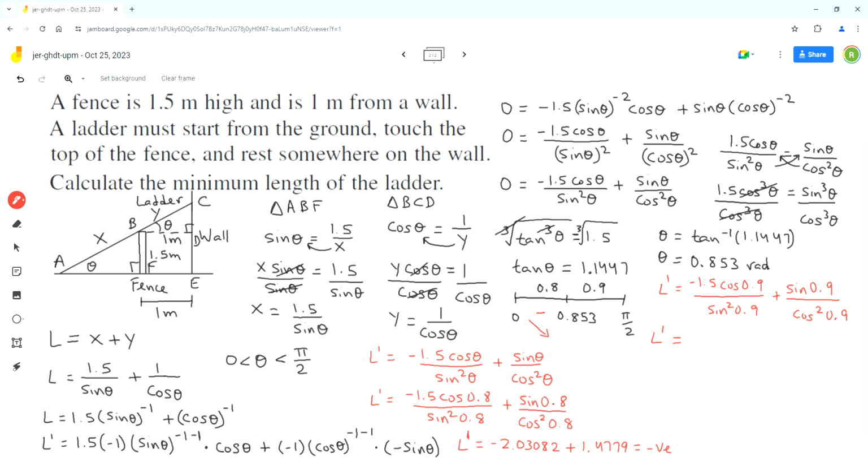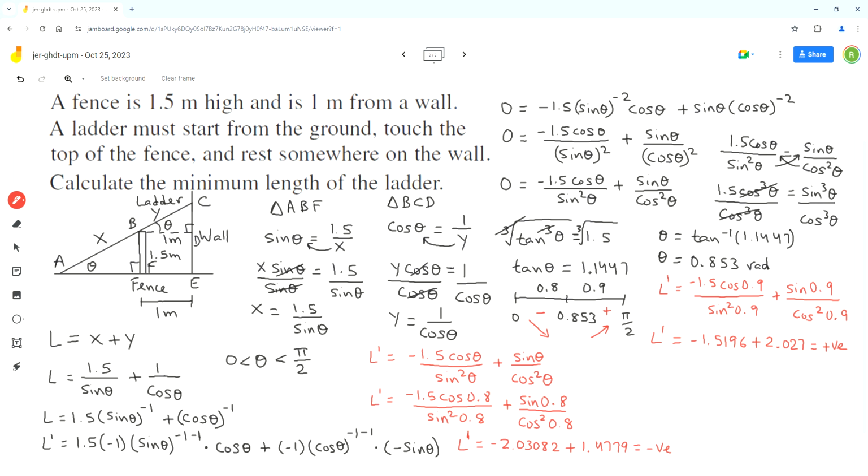For the first fraction, I got negative 1.5196. Now we can evaluate the second fraction. I got 2.027. And if we combine these two numbers, we get a positive result. That means the slope of the tangent is positive on the right side of the theta value, 0.853 radians. That means the function is increasing on the right side.